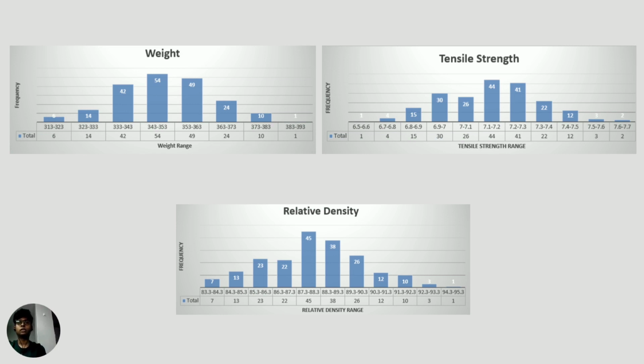Between the range of 343 to 353 for the weight range, the frequency is 54, which is the highest at that particular point for this data, Lajak Array H. Next, for the tensile strength, the highest frequency is 44, and it lies between the range of 7.1 to 7.2, as seen here. Second, for the relative density, the highest frequency obtained is 45 for this particular data, Lajak Array H.